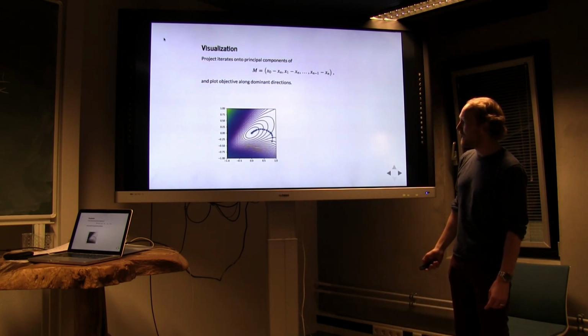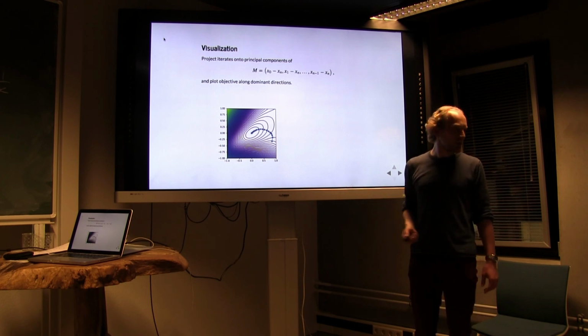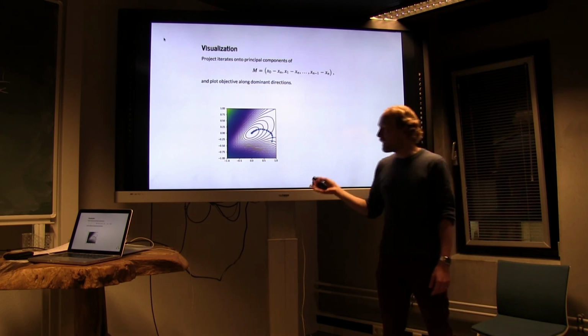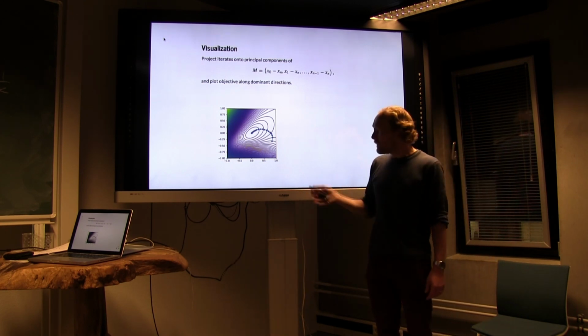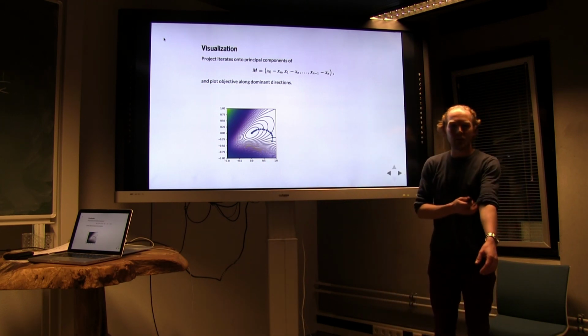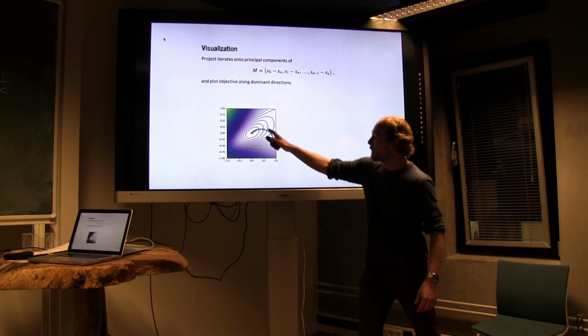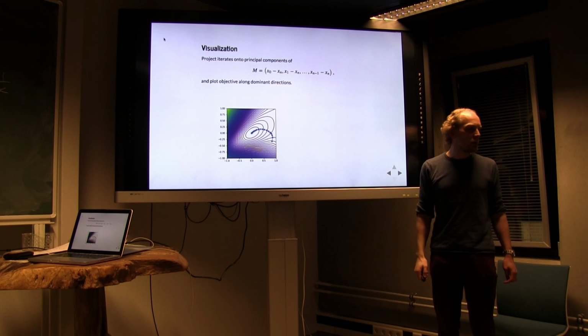And then we get a picture like this. So this is a standard benchmark optimization problem in 10 dimensions, and here projected down to 2 dimensions. I think this captures like 70% of the energy in the directions, and I can nicely plot what my objective looks like and how the path is going to the minimum.